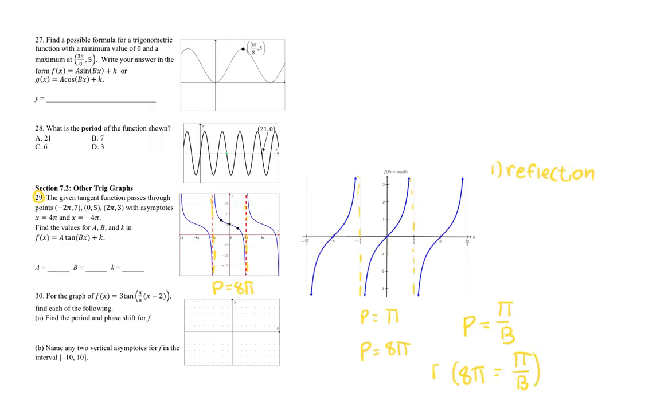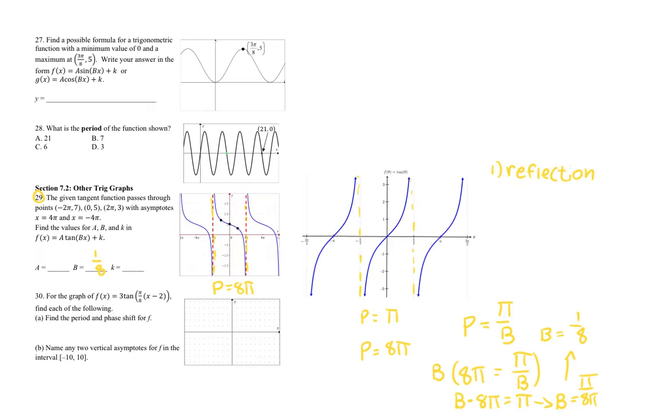We get b times 8 pi equals pi. And therefore, if we divide both sides by 8 pi, we would get b equals pi over 8 pi, which means that b equals 1 over 8.